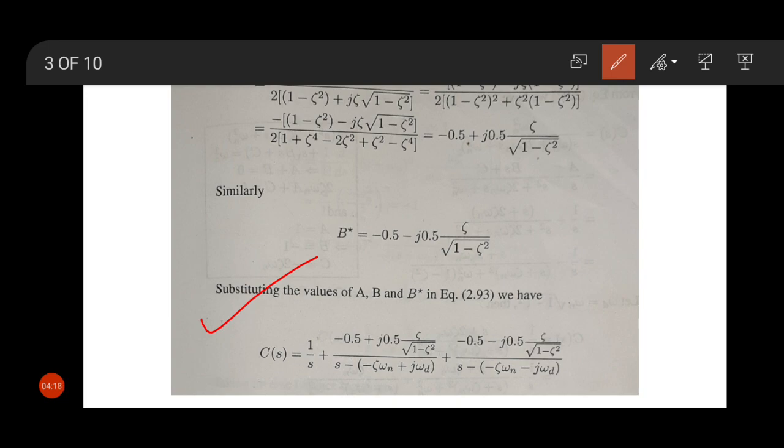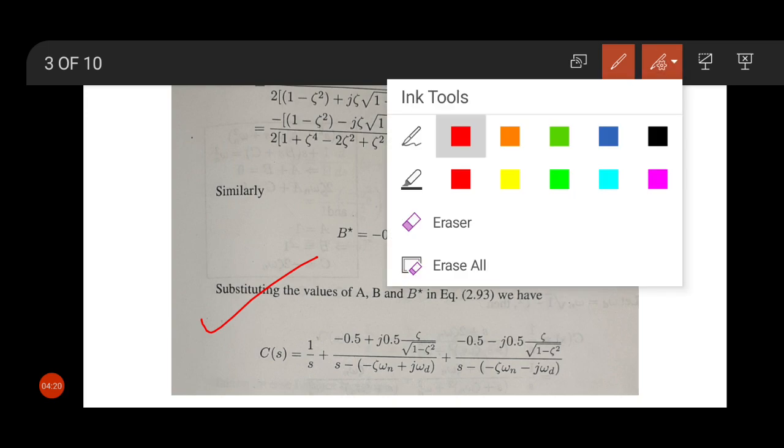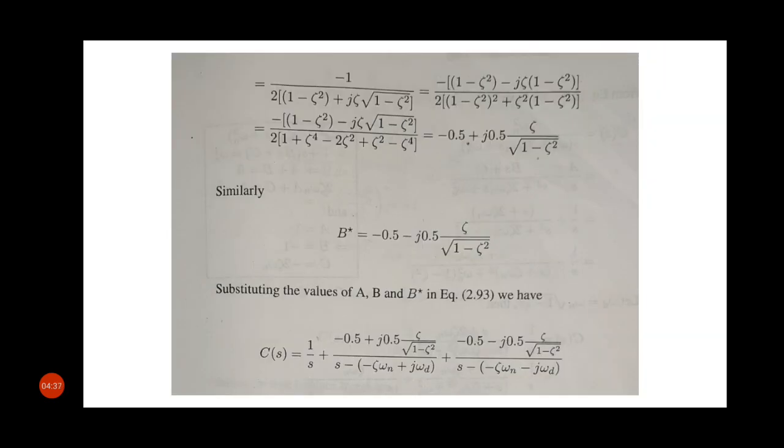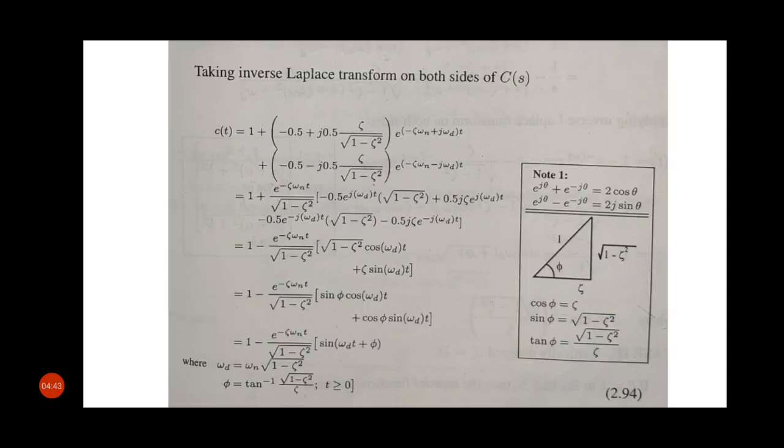Now for finding the time response of the output, we calculate c(t). So how will we get c(t)? If we take the inverse Laplace transform of this C(s), then we will get c(t).